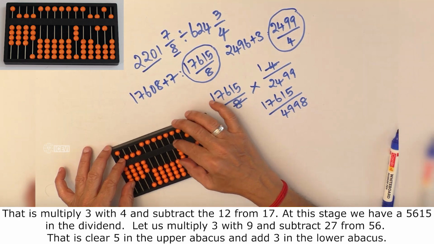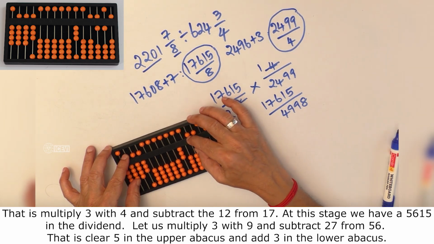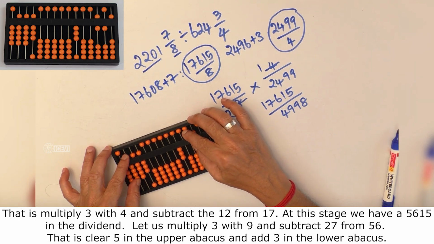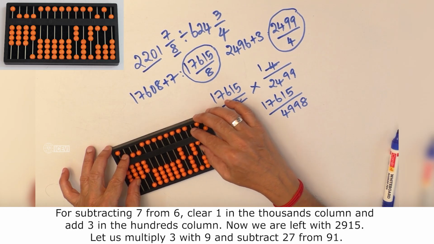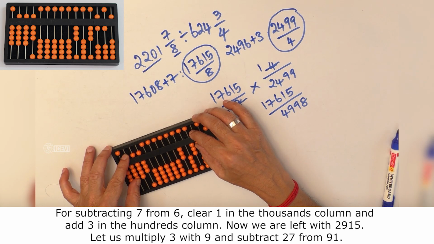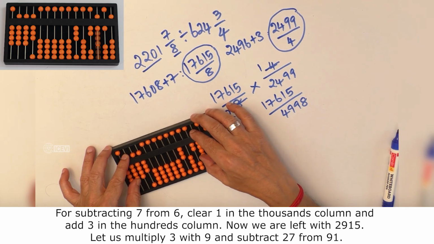Let us multiply 3 with 9, that is 27, and therefore subtract 27 from 56, that is clear 5 in the upper abacus and add 3 in the lower abacus. For subtracting 7 from 6, clear 1 in the thousands column and add 3 in the hundreds column.